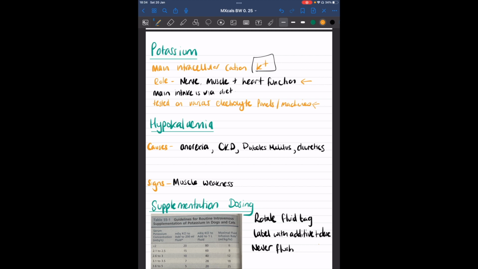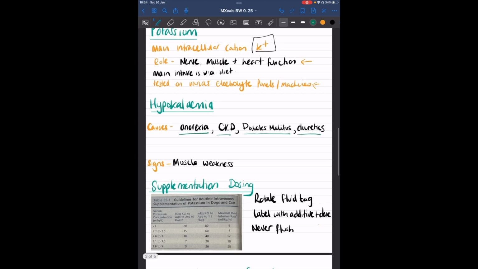So when potassium becomes low in our patients, we said this can be quite common, especially if our patients are anorexic. Hypokalemia or low potassium levels in the blood can also occur through diseases such as chronic kidney disease, diabetes mellitus if it's poorly managed, and any patients that are receiving diuretic therapy or diuretic medications can become hypokalemic, so quite commonly seen.